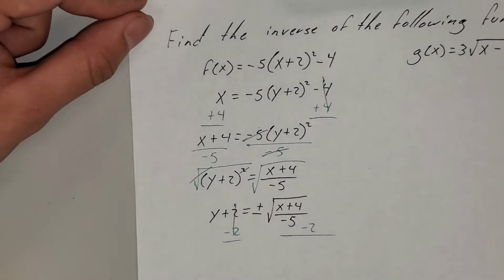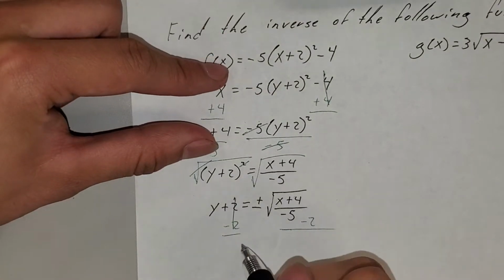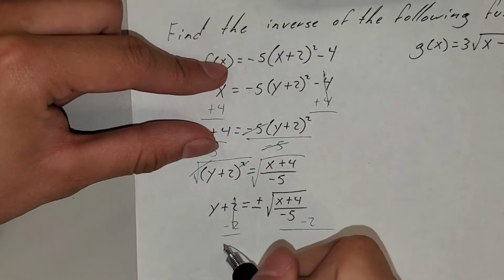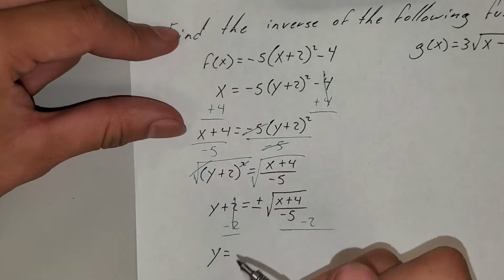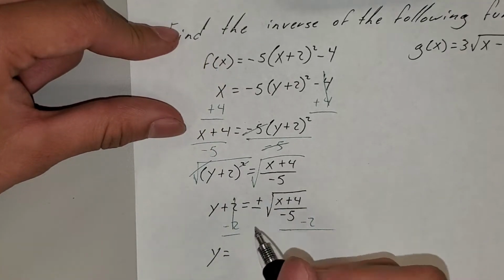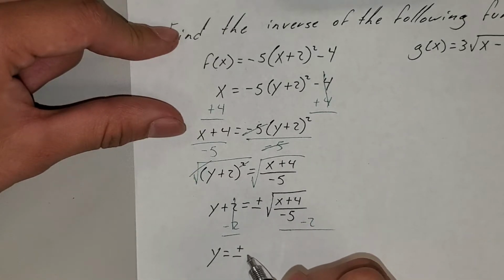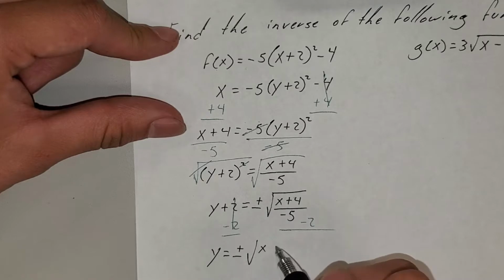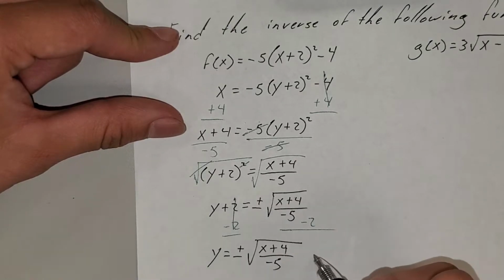This will cancel out. And my final answer will be y, which in this case will be my f inverse. y equals plus or minus the square root of x plus 4 over -5 minus 2.